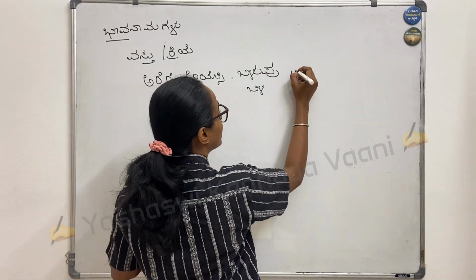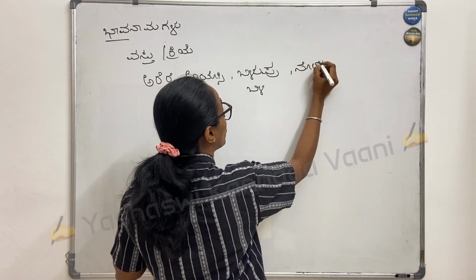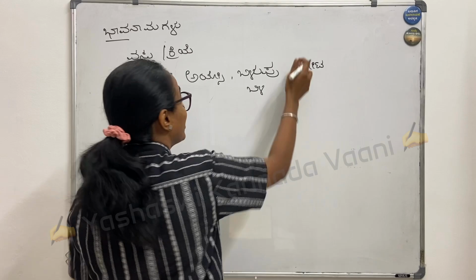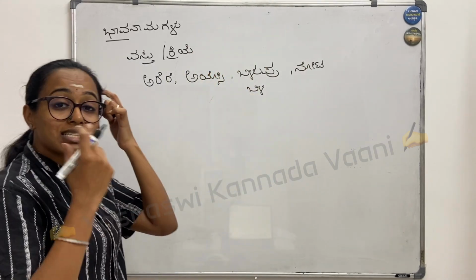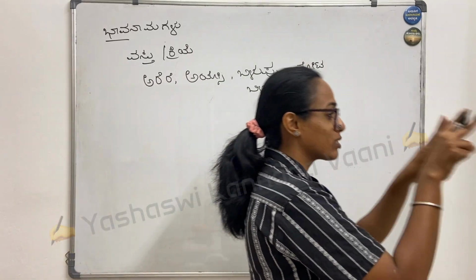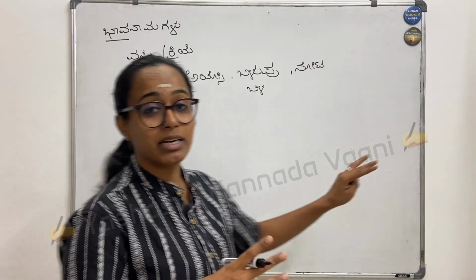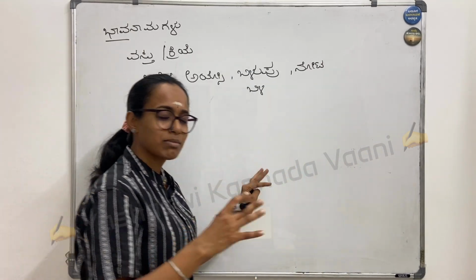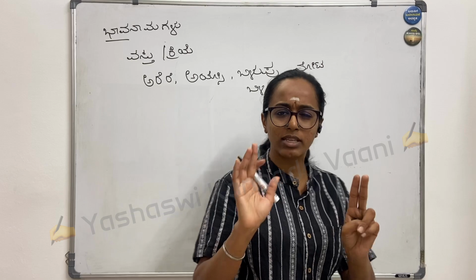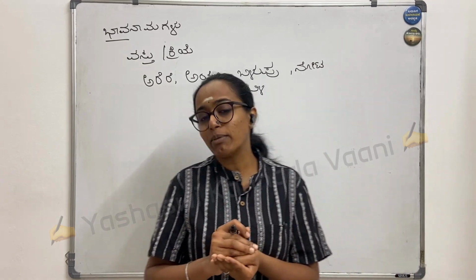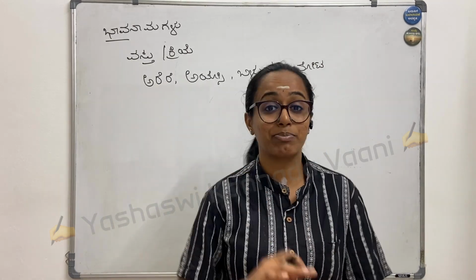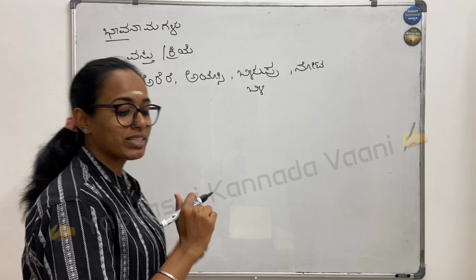Then one more word can be nota. Nota is a vision. It comes with a kriye: nodo is to see, nota is the vision. These kinds of words will come under bhavanama. As of now, just note the examples. The detailing of bhavanama I'll give in a separate video. Fine. We'll go with the next one.